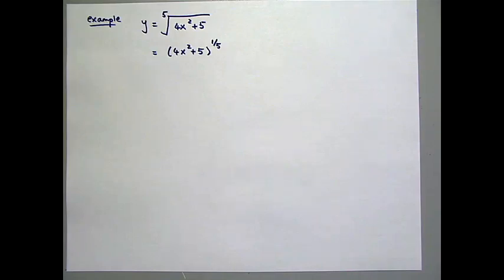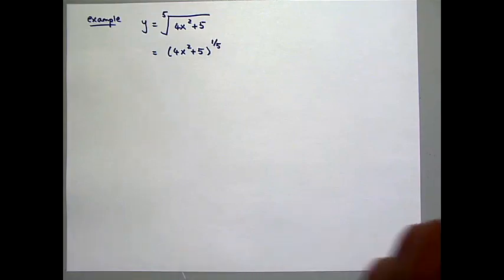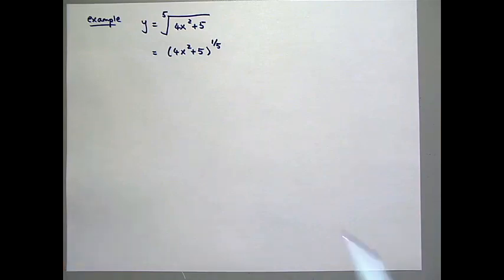We'll rewrite it as 4x squared plus 5, the whole thing raised to the power of 1 over 5. This is a situation where you cannot multiply anything out. How do you multiply this out by 1 over 5 times? That cannot be done algebraically. The only way to handle an expression like this is the chain rule. There's no other way to do it.